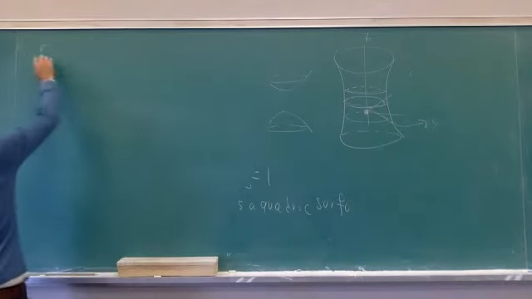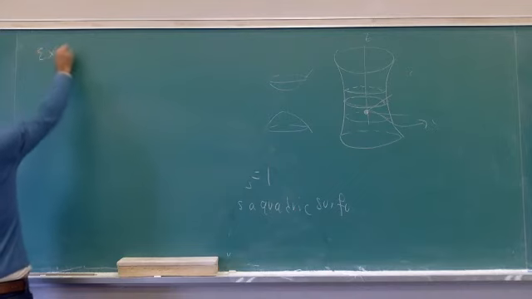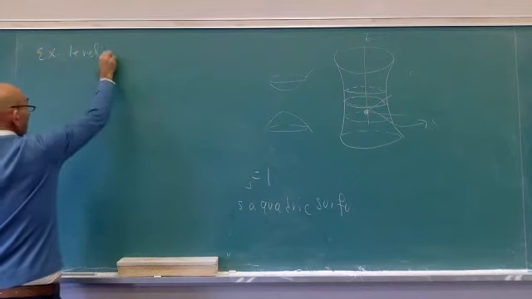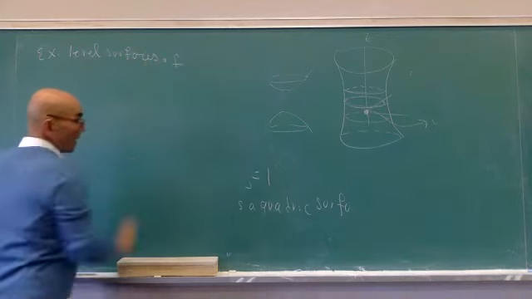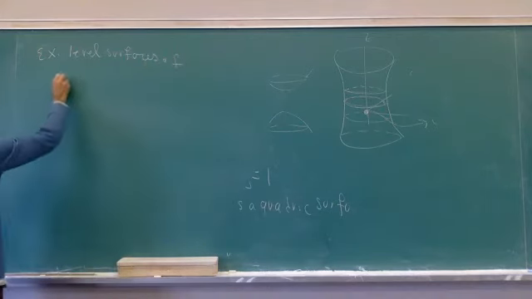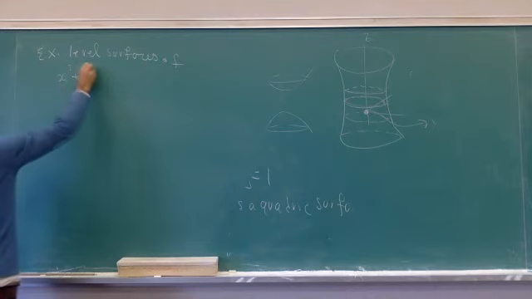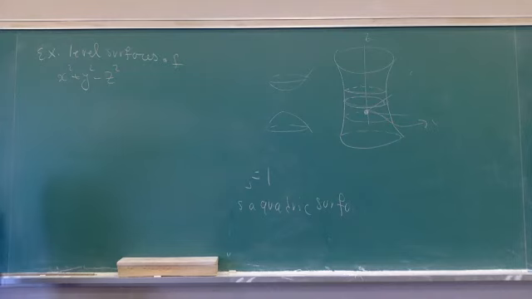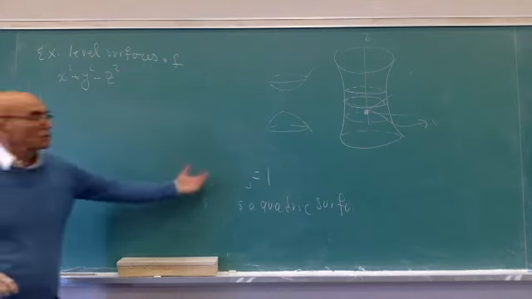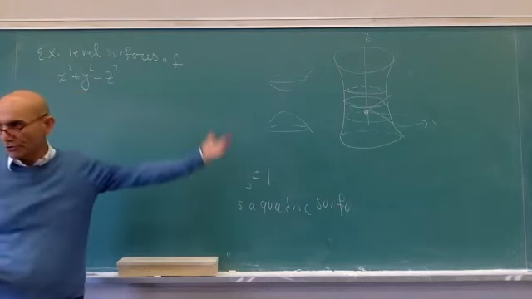So here's an example: level surfaces of x squared plus y squared minus z squared. That's what you're asking, essentially, because it's just the value on the right-hand side that changes, right?